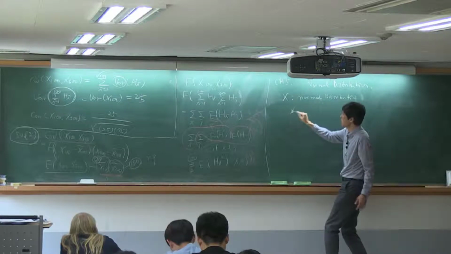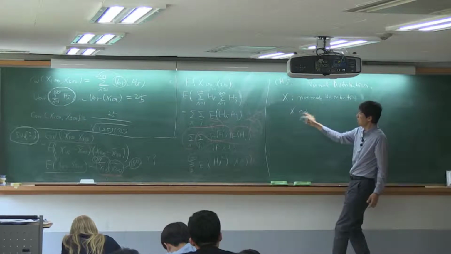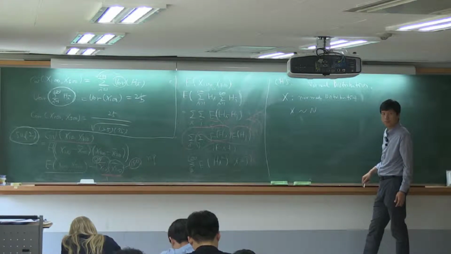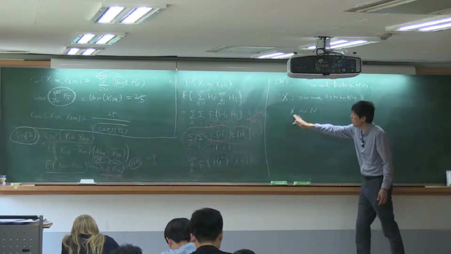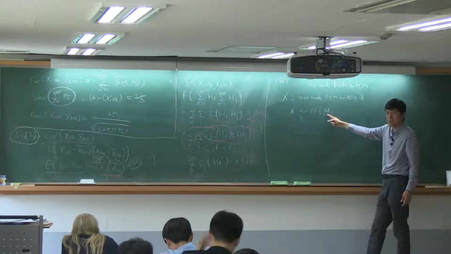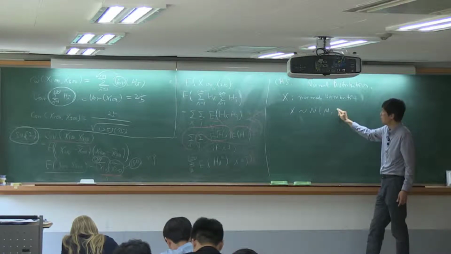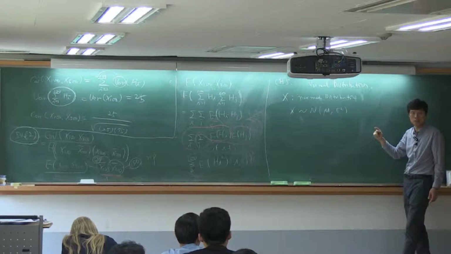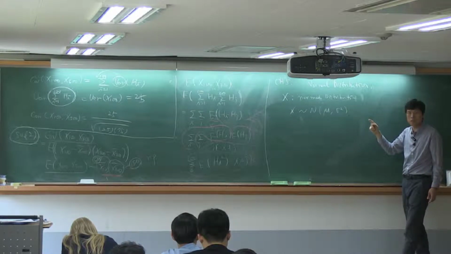We can write the equation like X tilde N(mu, sigma squared), where mu is the mean or expectation and sigma squared is the variance. Sigma is the standard deviation.